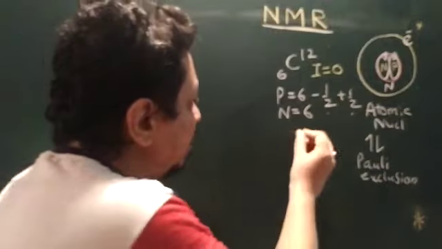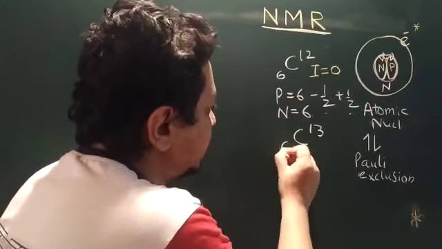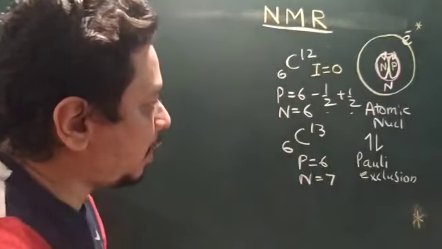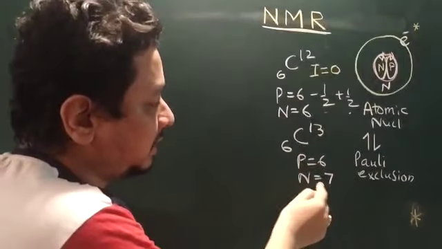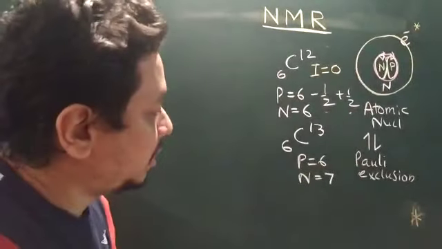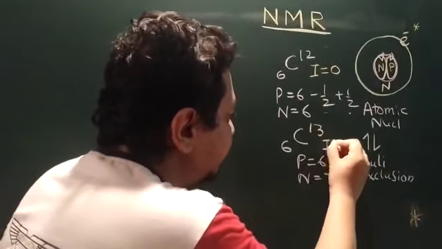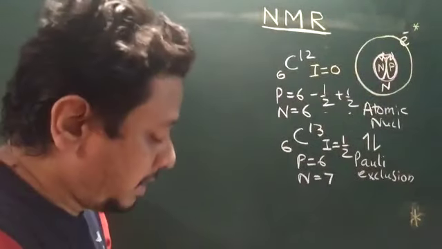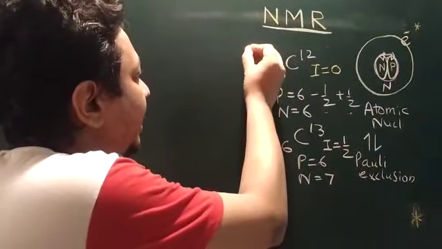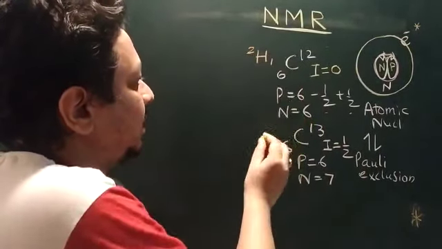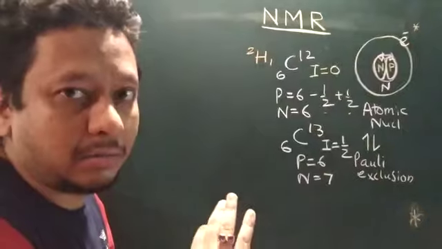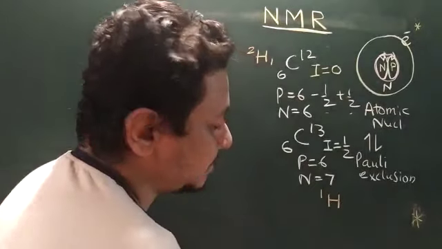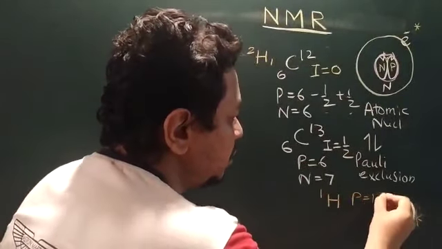But if you go with C13-6, here you have 6 protons but 7 neutrons. So you have an odd mass number, and in this case an odd number of neutrons. So you can observe a spin quantum number of half, because one of the spins is persisting. Similarly, with hydrogen: for deuterium, the proton and neutron numbers are the same, 1 and 1. But for 1H, protium, the proton number is 1 and the neutron number is 0.